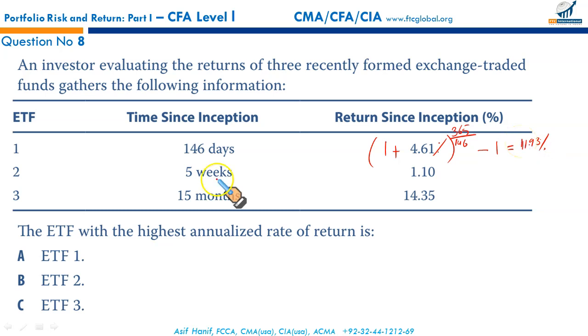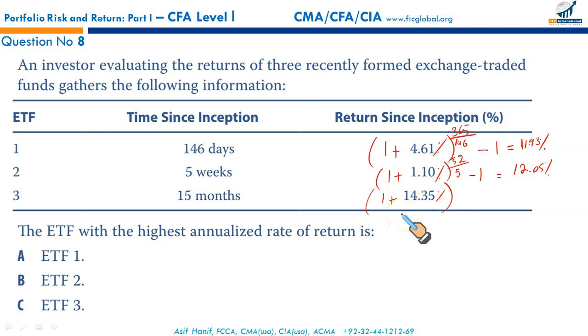Then ETF 2, time since inception 5 weeks, 1 plus 1.10%. How many weeks are there in a year? 52. How many weeks since inception? 5. And then simply deduct 1 from it. You will get 12.05%. Then last one, ETF 3, 15 months, 1 plus 14.35%.